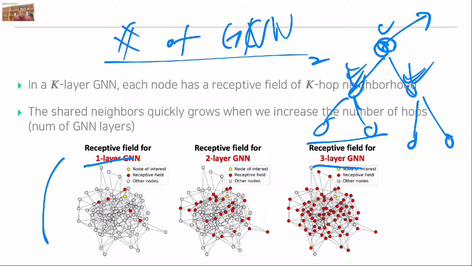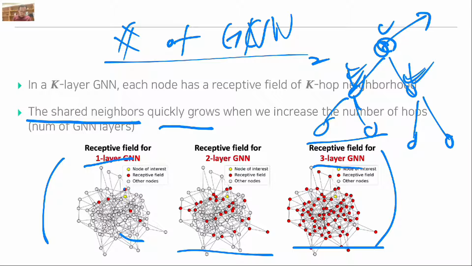So the number of red nodes increased in this example, because we consider neighbors of the red nodes here. What about three layers? It covered almost every node here, right? Almost everything. So in other words, the shared neighbors are quickly growing when we increase the number of hops.